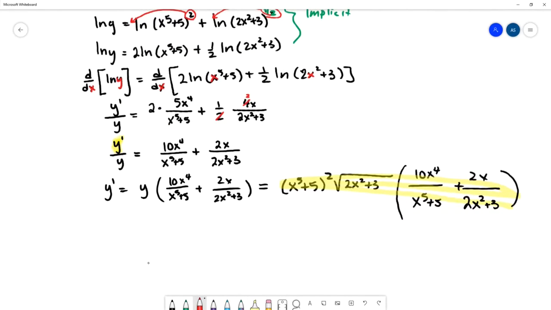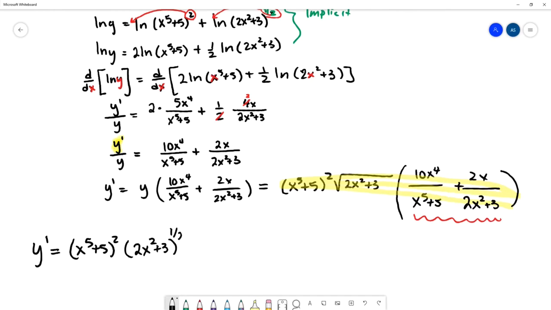And what I'm going to do is combine these two fractions together so that they have a common denominator. So we have y prime is equal to x to the 5th plus 5 squared. And I'm going to write this square root with an exponent, so that's 2x squared plus 3 to the 1/2. And the reason I'm doing that is because some canceling usually happens with these, and it's much easier if it's written in the exponential form rather than the radical form.